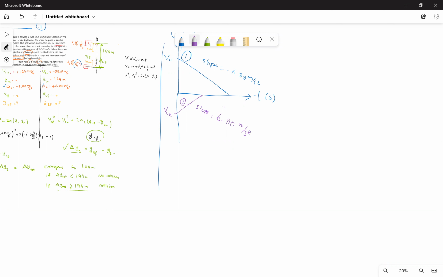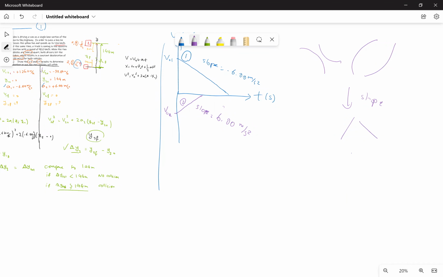For example, if we have a curved line like this, or a curved line like this, and you take the slope, they will give you a diagonal line, either with positive slope or negative slope.